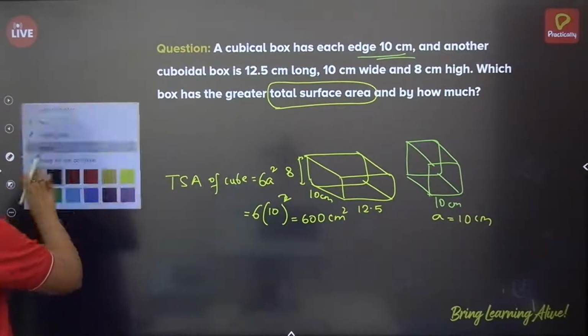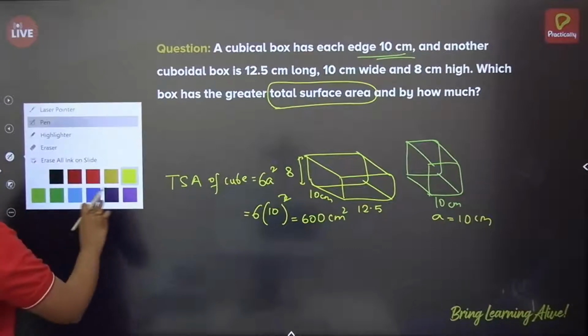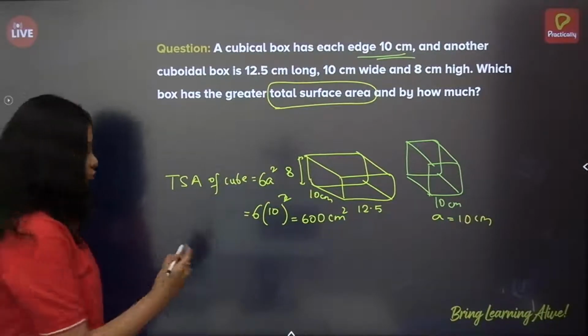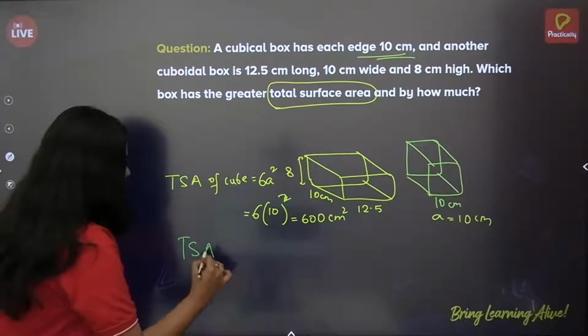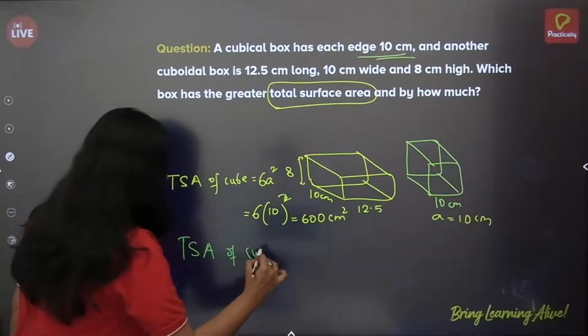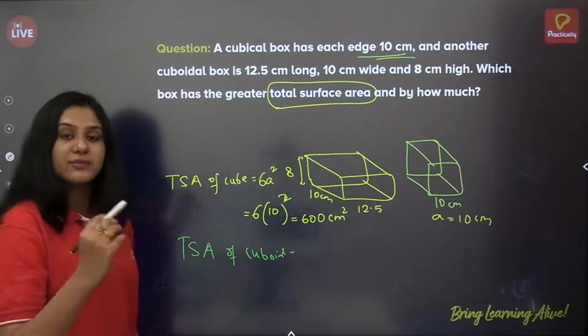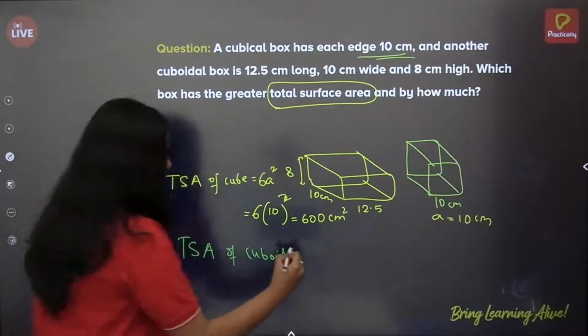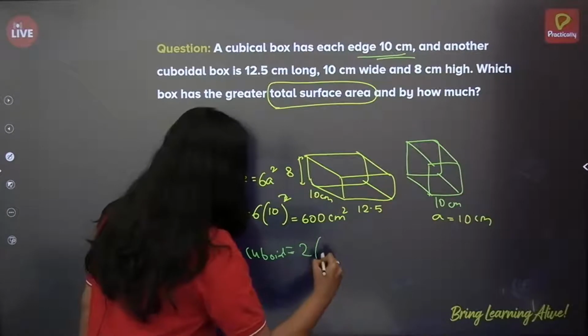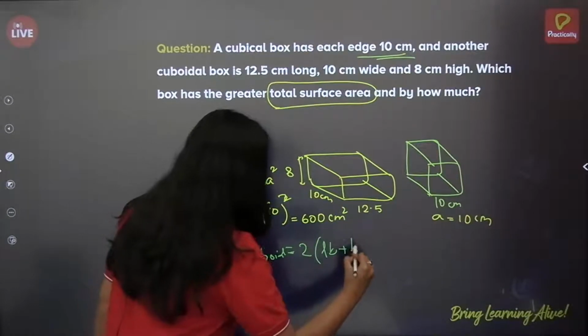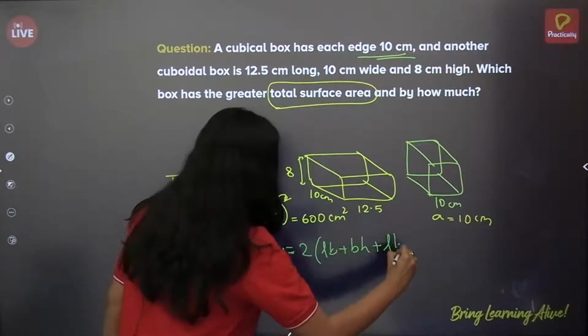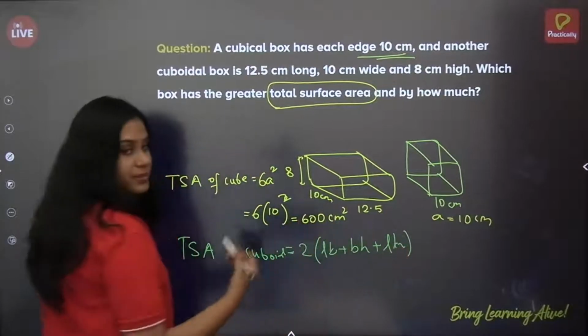But next, what do we have to calculate? We have to calculate TSA of cuboid. So, let us do it. Total surface area of cuboid. What is the formula we have studied? 2 of (LB plus BH plus LH). So, let us first write the formula. Now, we know what are L, B and H, correct?